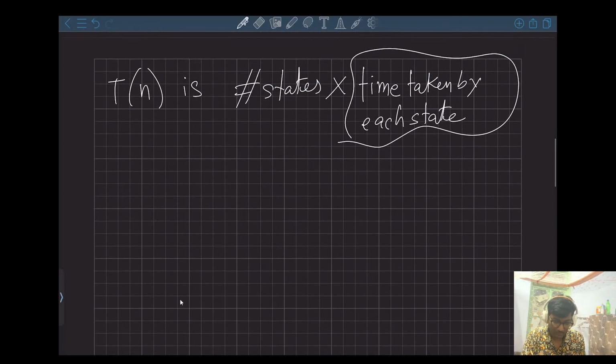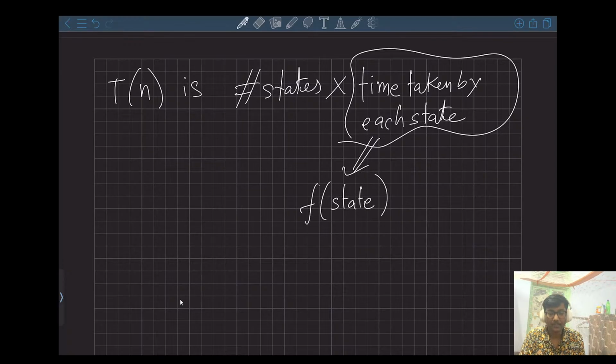So if it is dependent on a function of state, then try to take average. Sometimes it helps. Otherwise, you can try to devise some formula if you can. Usually, taking the average or taking the maximum bound also gets you to the answer, right?